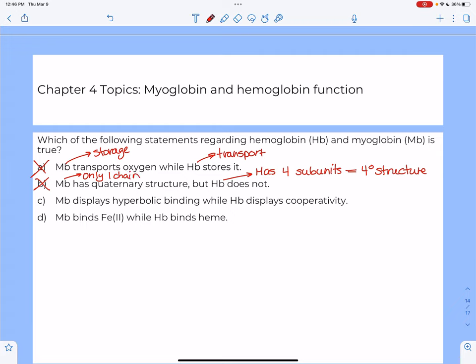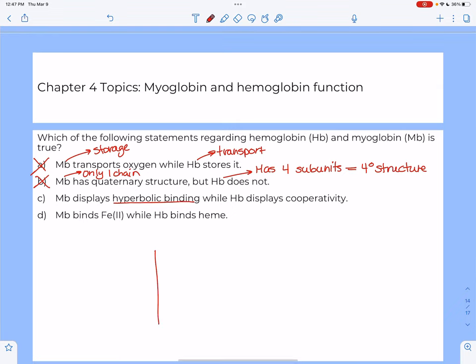Myoglobin displays hyperbolic binding while hemoglobin displays cooperativity. We haven't in class gotten a chance to talk about the hemoglobin cooperativity too much, okay? But we did talk about, I did ask you about the shape of the curves. So for this one, when we talk about hyperbolic versus sigmoidal, we've got this shape, which is hyperbolic.